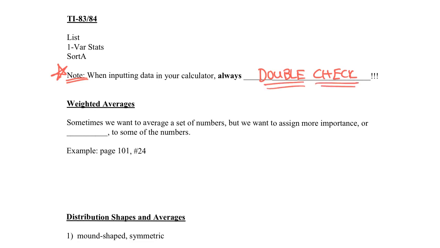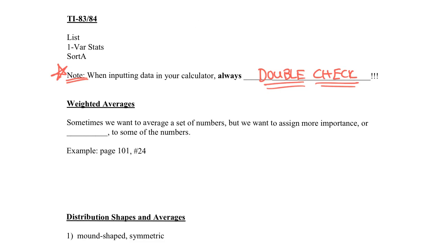So always double check. And what happens every time in the classroom, I'll have a quiz or a test, and it's really easy points because I'll put like 20 numbers and I'll just say, put it in your calculator. What's the mean, the median, and we talk about standard deviations, and all these things are calculated instantly on the calculator, and you just have to list the answers.